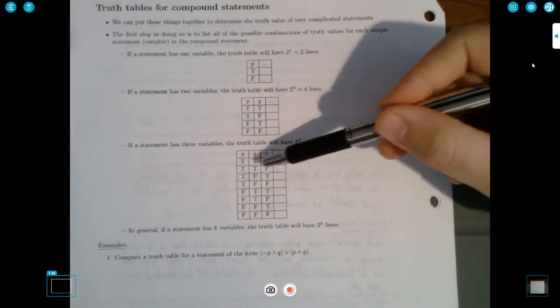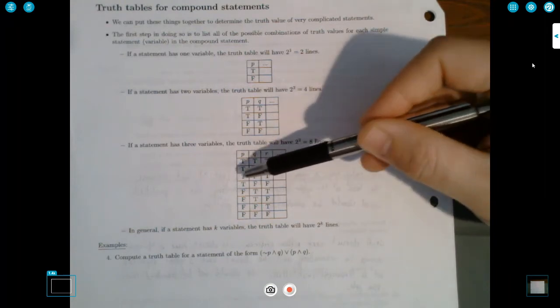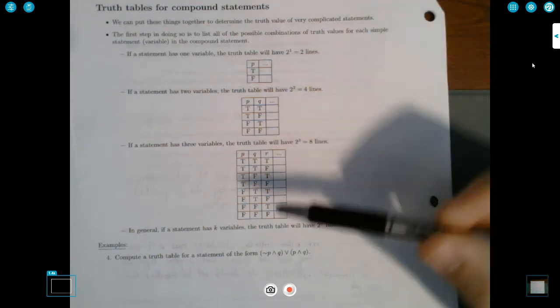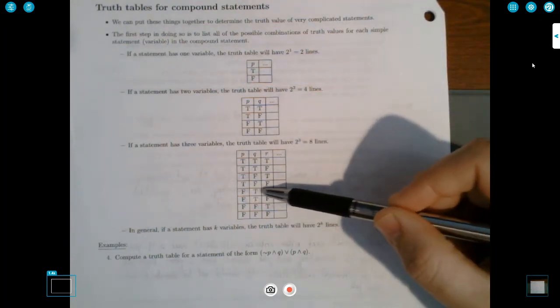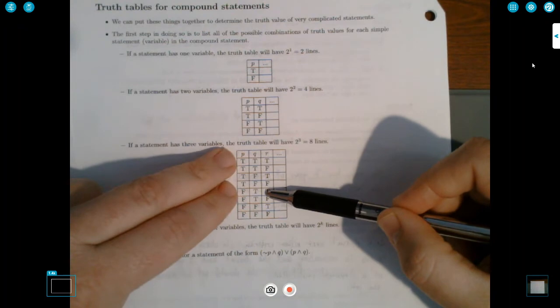Well, notice if it has 3 variables, then in order to get all the possible combinations, you would have to say, well, they can all 3 be true, or maybe P and Q are true, R is false, or maybe P and R are true, Q is false, or maybe P is false, but Q and R are true, right?